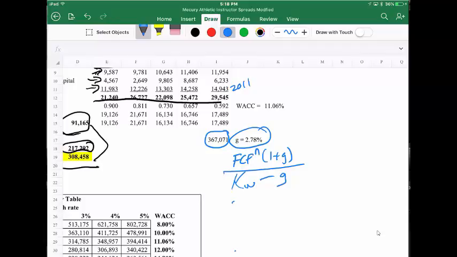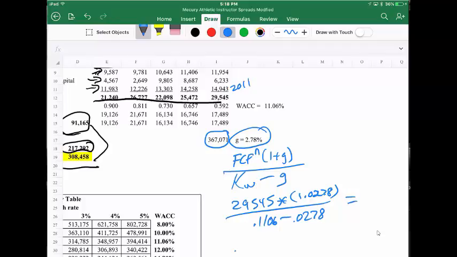So the math here is 29,545 times 1.0278 divided by 0.1106 minus 0.0278.